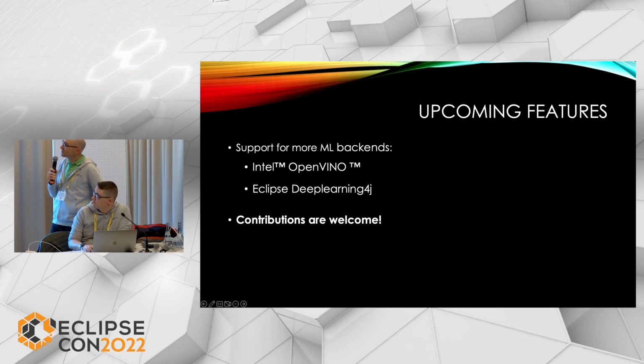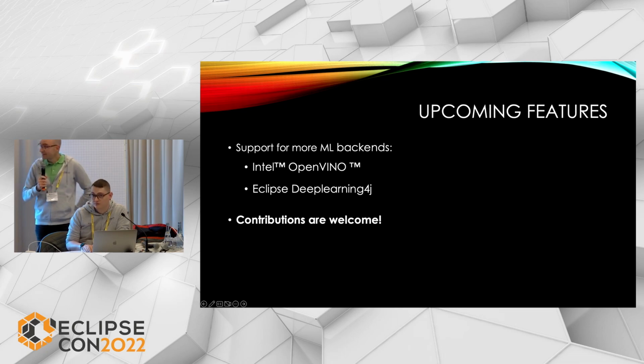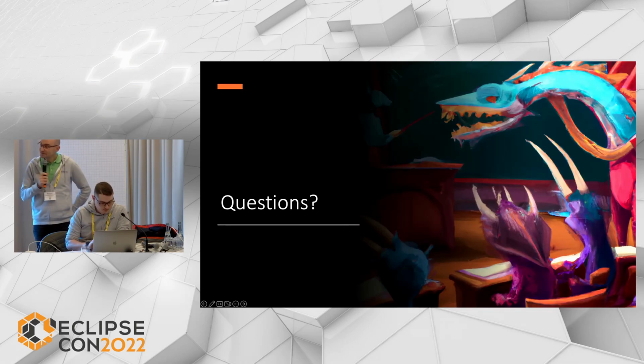So the idea is to support these types of backends too, to increase the support for Eclipse Kura. Of course, any contributions are welcome, and so I think that's it.